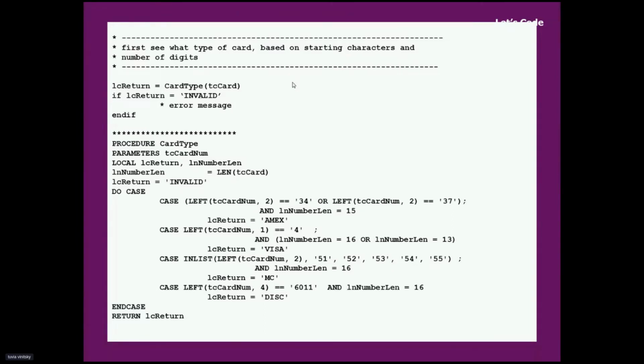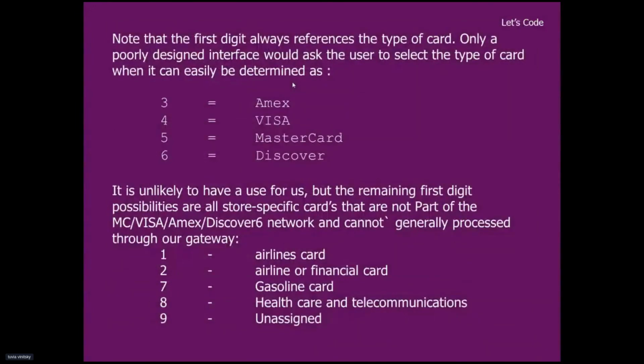So now we've done step one. Parenthetically, it's interesting to note that the first digits 3, 4, 5, and 6 indicate Amex, Visa, MasterCard, and Discover. And in our experience, in Visual FoxPro, you're rarely going to see any other numbers. But the other numbers are for private branded cards. Not private branded MasterCards or Visas.